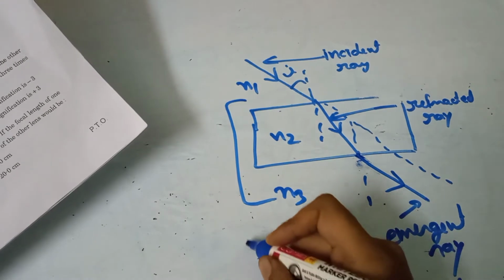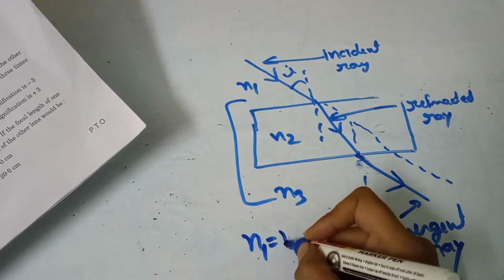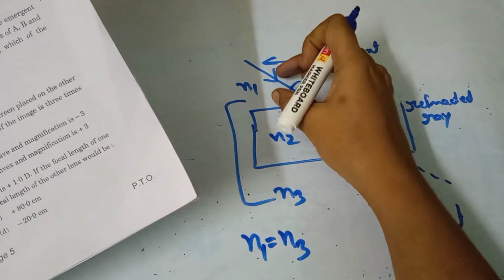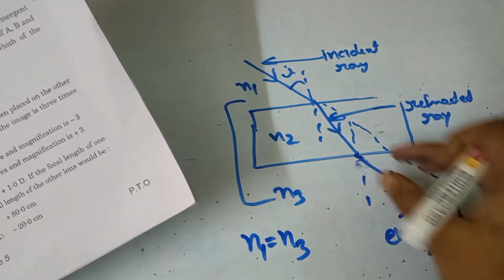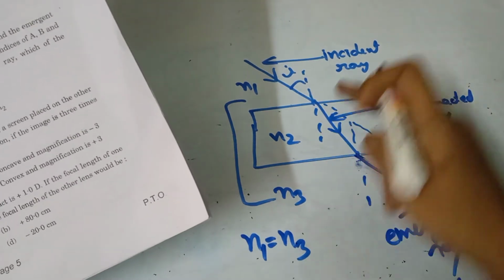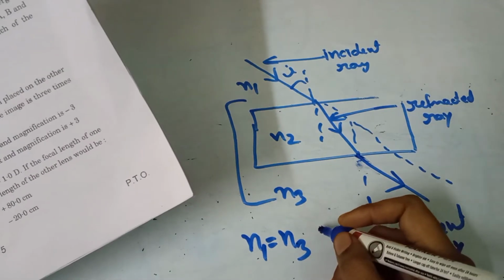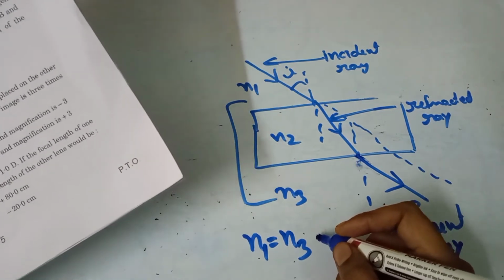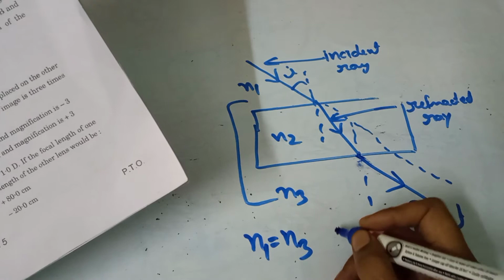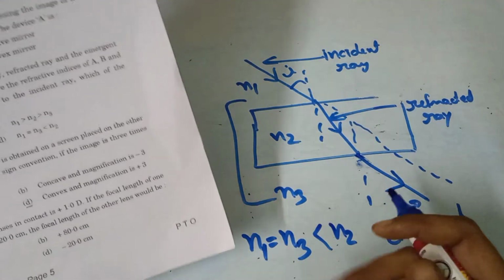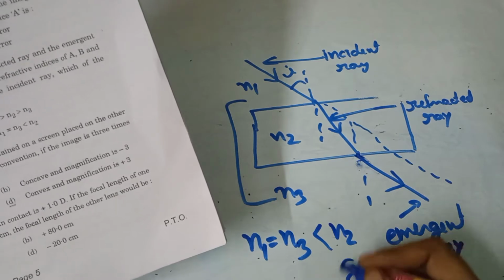So you can see N1 is equal to N3, and the emergent ray is parallel to the incident ray. This is a glass slab and this is air, so we know that the refractive index is greater in the second medium. So D is the right option.